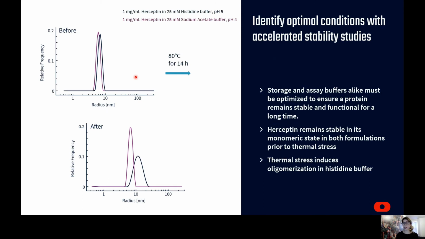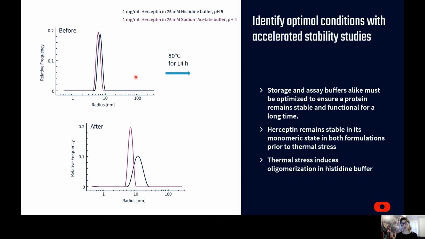So obviously selecting the best storage formulation and storage buffer is necessary to make sure your sample is stable. And we want to optimize those storage and assay buffers to make sure that we have stability and functionality for a long period of time. So here we are looking at an accelerated stability study with Herceptin in two different formulation buffers, histidine and sodium acetate, to identify which formulation retains the protein's monomeric state.